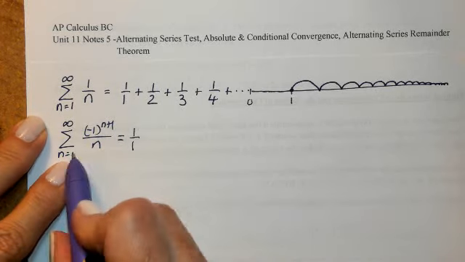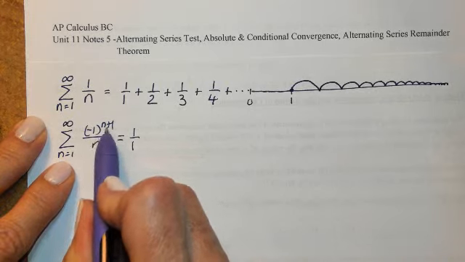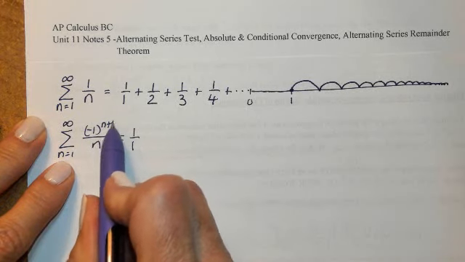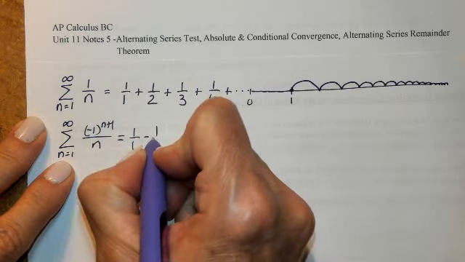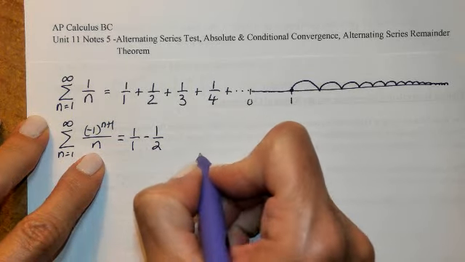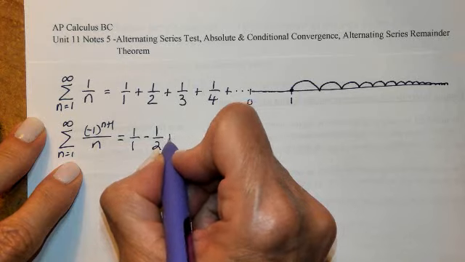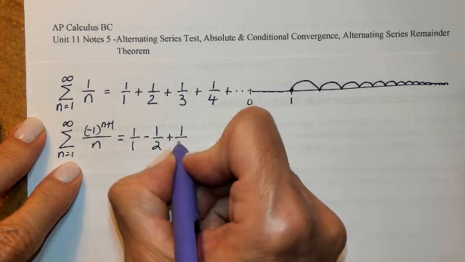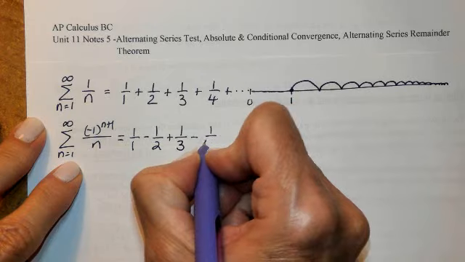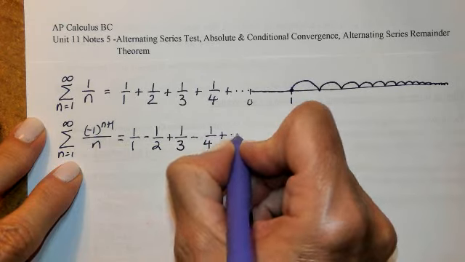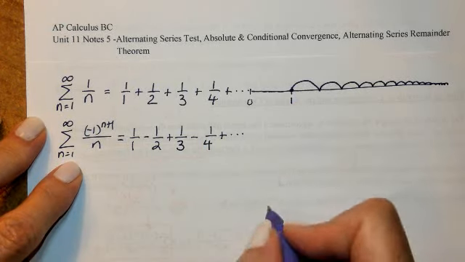Our next term, when n is 2, we'll have negative 1 cubed, which is negative 1 to an odd power, so it's a negative 1. So negative 1 over 2. Our next term will be back to positive 1, and it's going to be over 3, minus 1 over 4, plus dot, dot, dot.